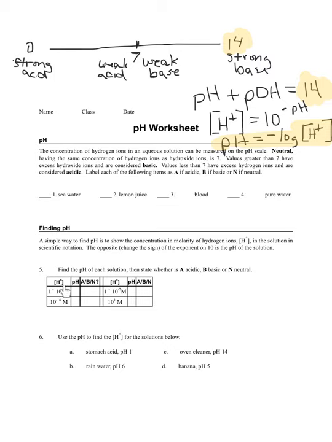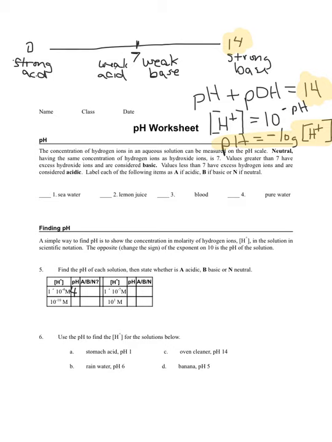This little exponent right here is telling us what the pH is. So for a substance that has a concentration of 1 times 10 to the negative fourth, the pH is, very simply put, 4.